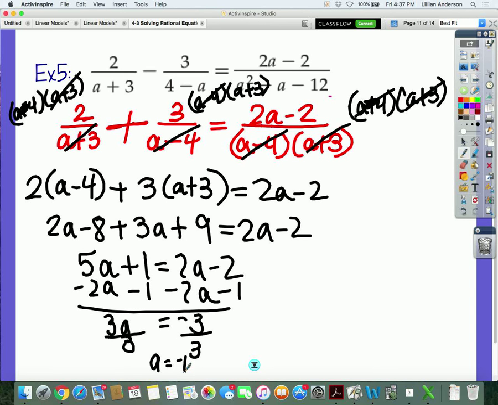Now, of course, you always want to check by plugging into the original.